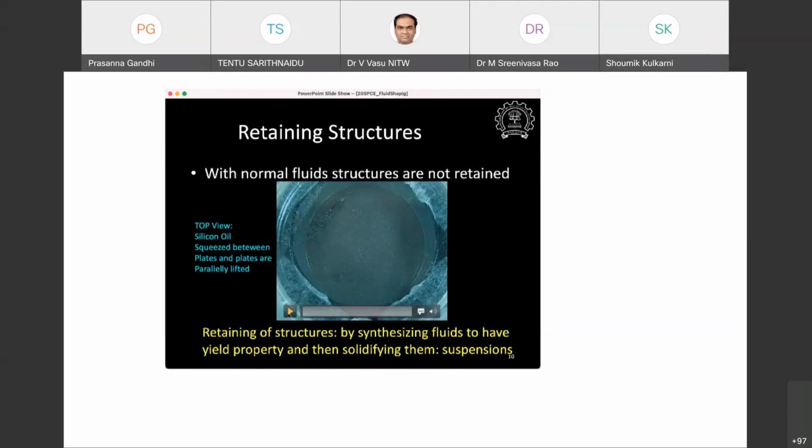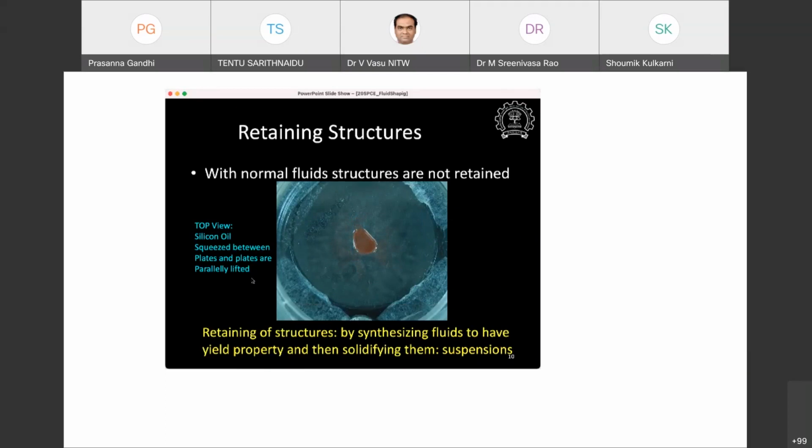Okay, so for example, if you do it with silicon oil, then these patterns will get formed, but over time you can see that they all come back to a single drop eventually. Okay, so these patterns will not get retained easily. So for retaining, there is a fluid property called yield that is to be given to the fluid, and when the yield property is there, then the structures will be retained.